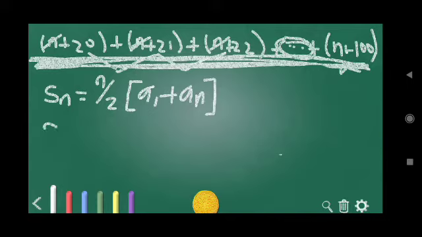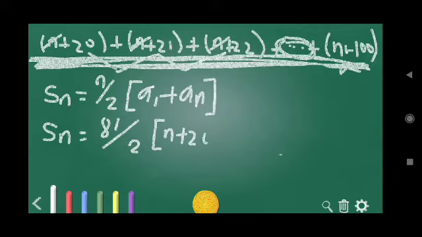S sub n is now equal to 81 over 2 times a sub 1, the first term, which is n plus 20, plus a sub n, your last term, which is n plus 100.